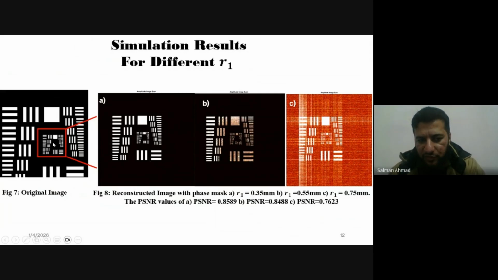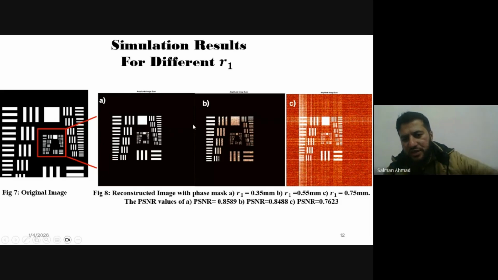If we see the original image, the original object, and take R1 as 0.35 millimeter, meaning the radius of the innermost circle is 0.35 millimeter, then the amplitude image is this.